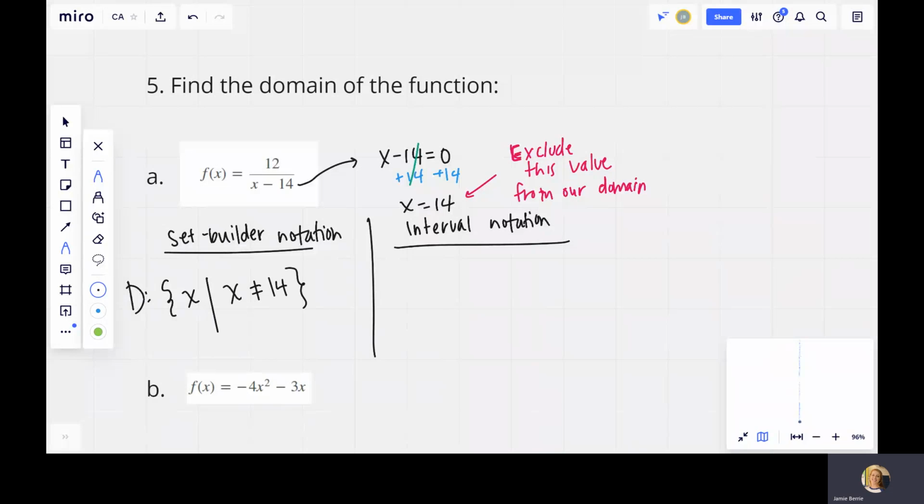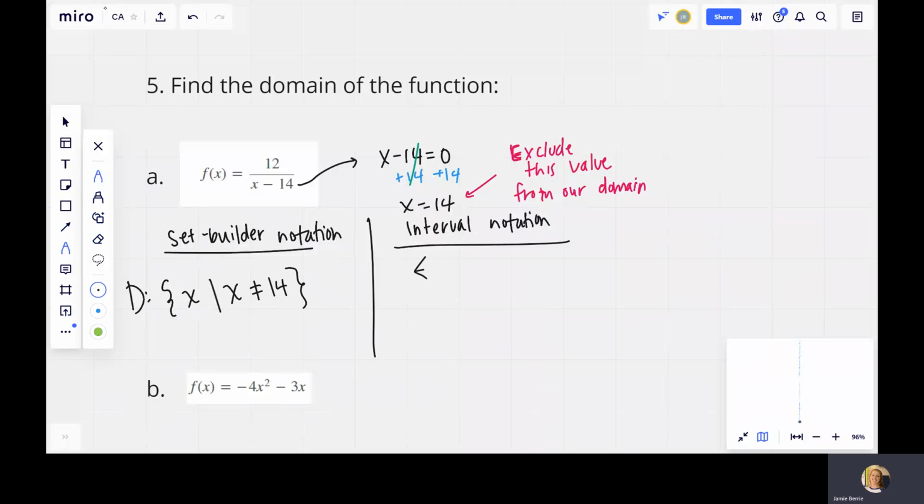So all of the x's such that x is not equal to 14. That means any x value is okay except 14.